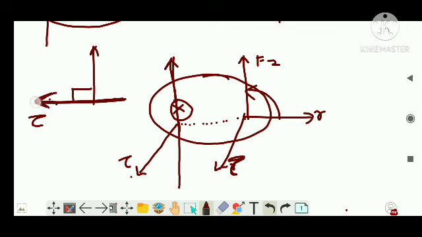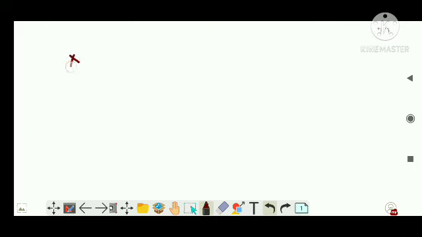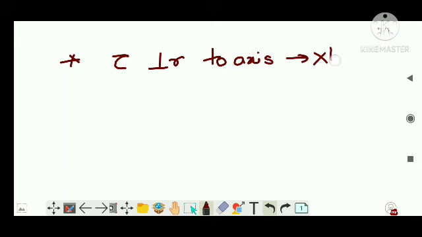So what is this torque actually doing? It is pulling the disc outwards. It is not causing any turning effect. So the torque which is perpendicular to the axis of rotation doesn't cause rotational motion. Clear? Keep this in mind, very important. Torque which is perpendicular to the axis of rotation doesn't cause turning.